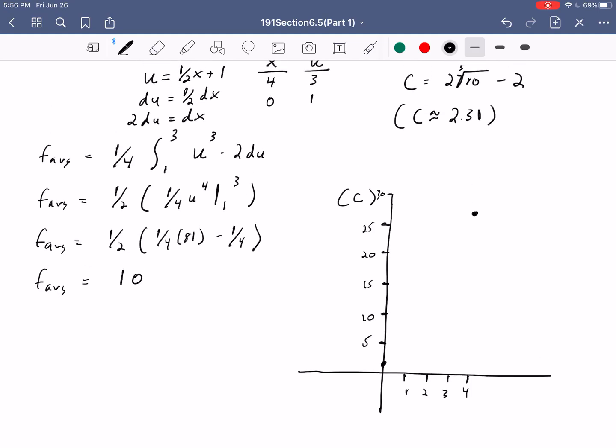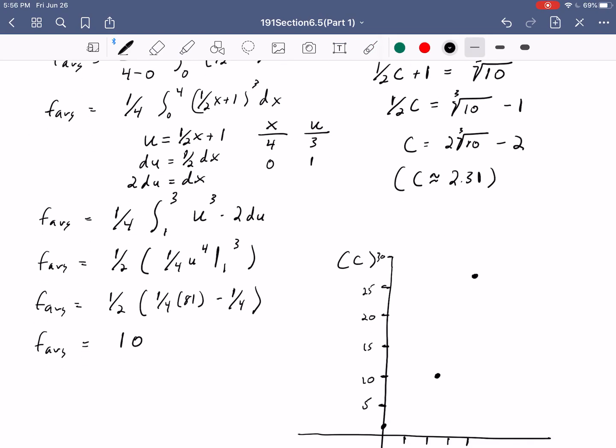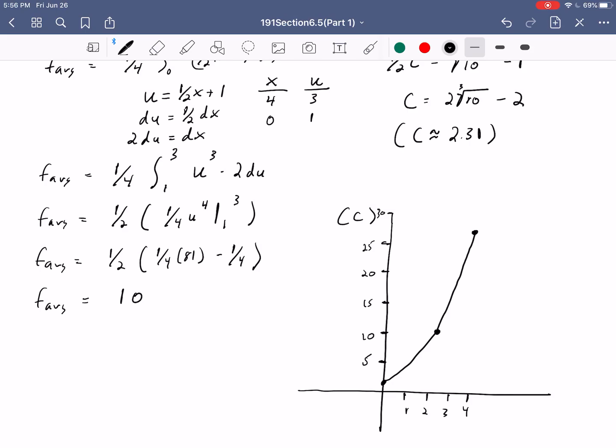And then, of course, we also know that at about 2.31, somewhere right about here, we also achieve 10. So we've got something roughly right about there. Even though this is a little bit weird, do keep in mind that it is just a cubic, so it looks like that polynomial type shape. It's getting steeper and steeper there. All right, so there we go.